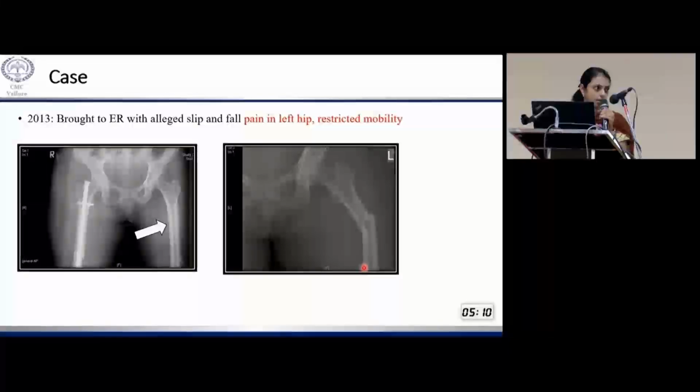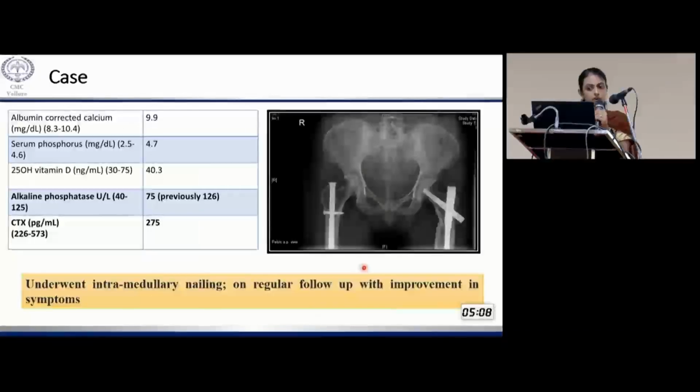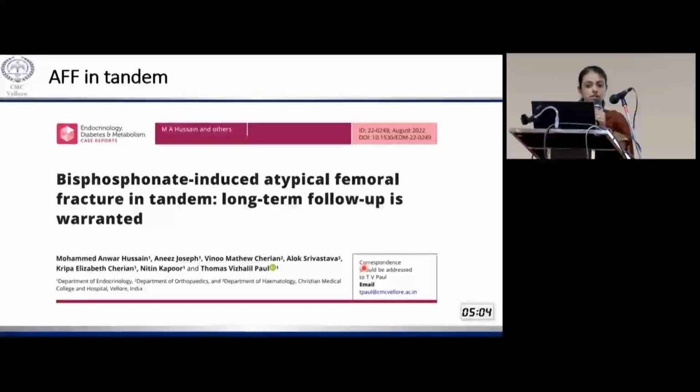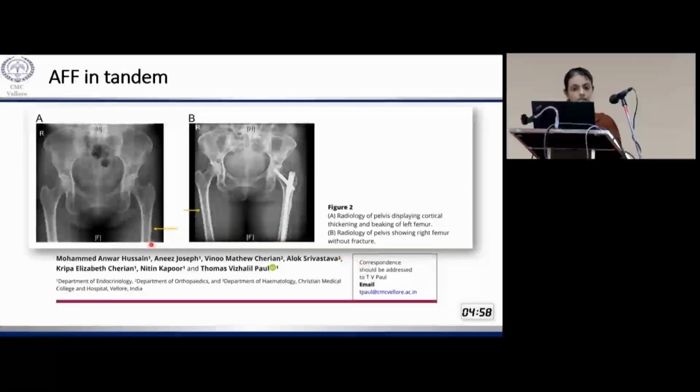So she had an atypical femoral fracture for which she underwent intramedullary nailing. Again, this is a lady with multiple myeloma who was on long-term bisphosphonates. She had presented with a left-sided groin pain, and her X-ray had shown this characteristic beaked appearance of the lateral cortex. This was fixed.